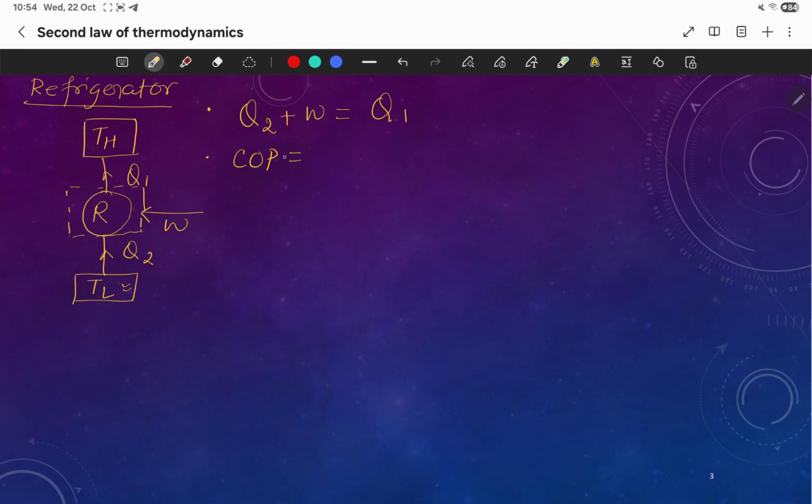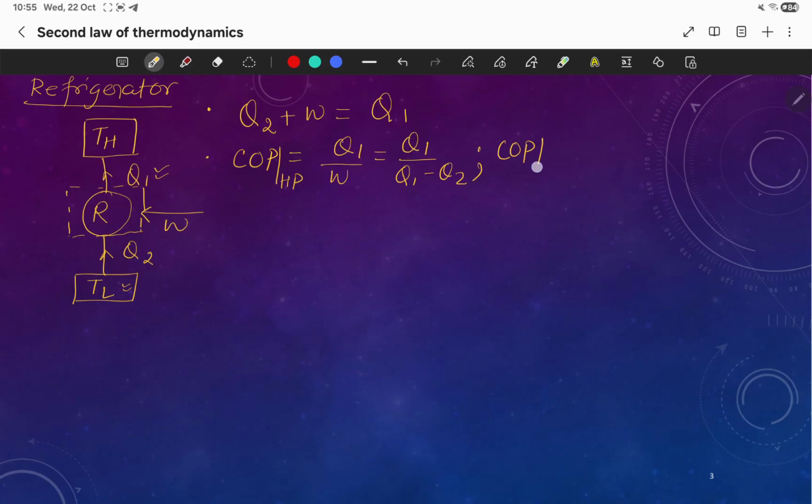If I write COP for a heat pump, the desired effect will be Q1 upon W, and W will be Q1 minus Q2. This is the COP for a heat pump.